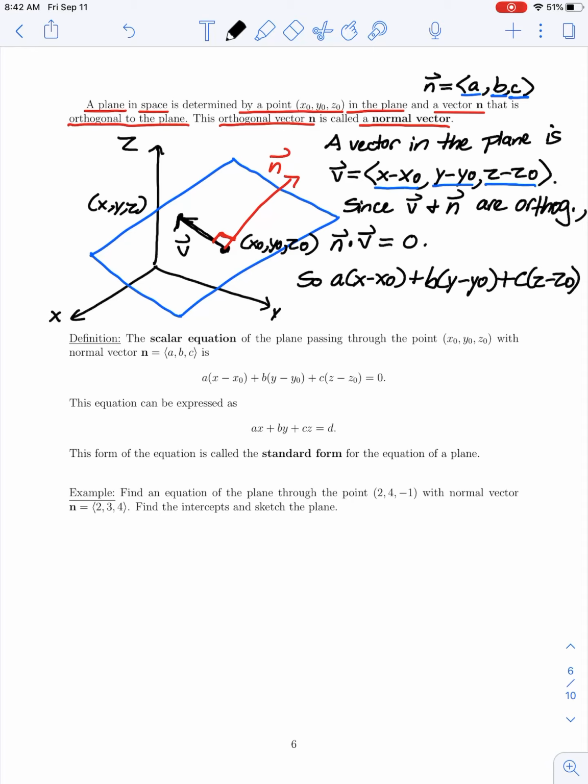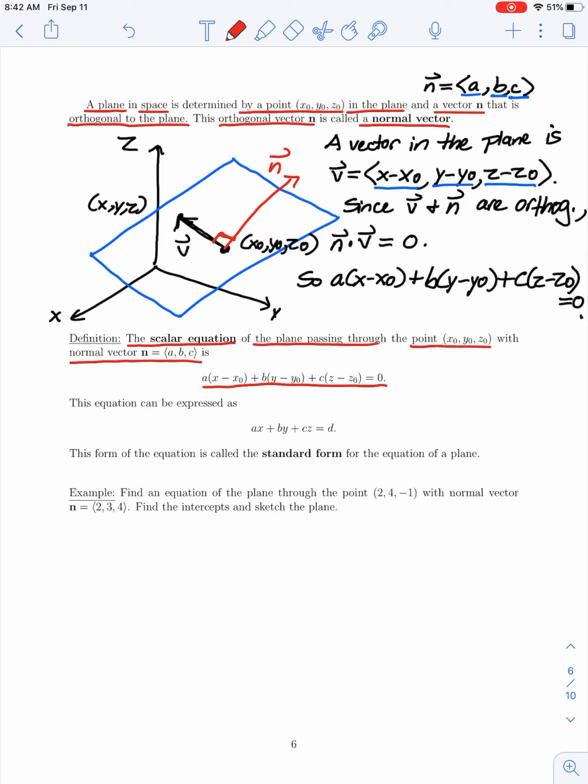And that has to equal 0. This equation, which we've derived for any arbitrary point x, y, z on our plane, is what we call the scalar equation of the plane passing through the point x0, y0, z0 with a normal vector n whose components are a, b, c.